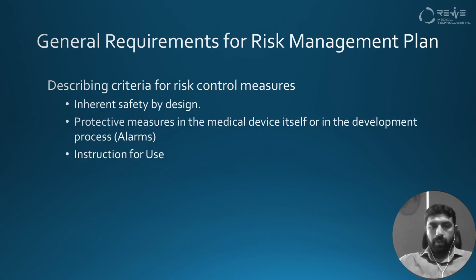So after finding out the risk on which we have to perform the risk control measure, we will devise a method for applying the risk control measures, or devising some solution for them. There are usually three ways that we use for getting those risk control measures. For example, we introduce safety features in the design of the device, or we can introduce some protective measure in the medical device itself, or in the development process.